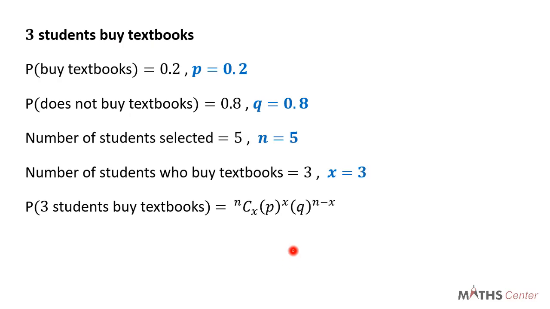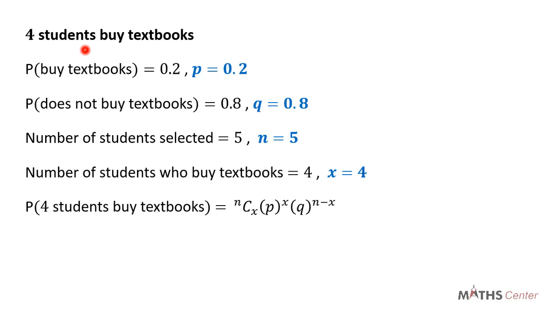The next one will be the probability that 3 students buy textbooks. So the number of students who buy textbooks is equal to 3. X is equal to 3 here. You substitute this information into the formula and you have 5 combination 3, 0.2 exponent 3, then 0.8 exponent 2. And this gives us 0.0512.